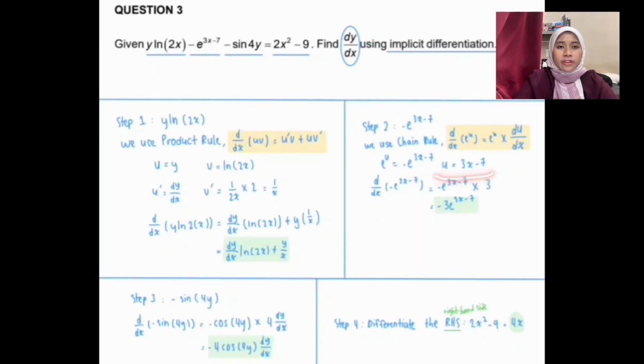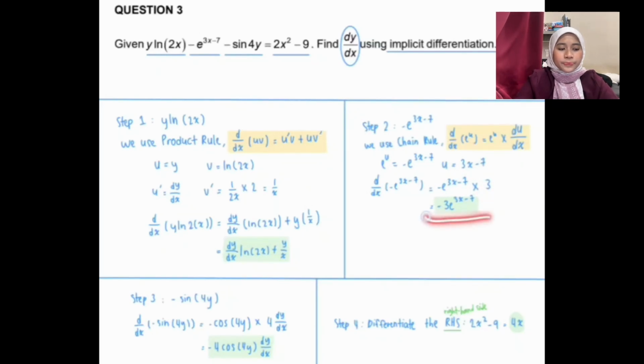So the derivative becomes negative e^(3x minus 7), and then multiply by 3. Basically the 3 we get from u equal to 3x minus 7, and then we differentiate it, and we get 3. So this is the answer.